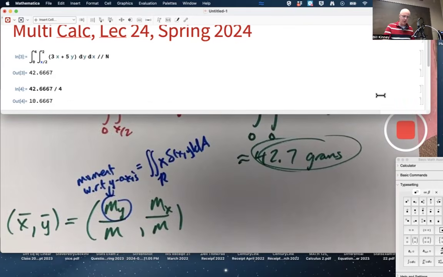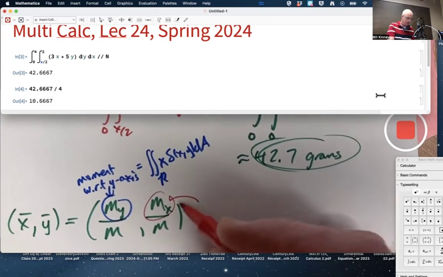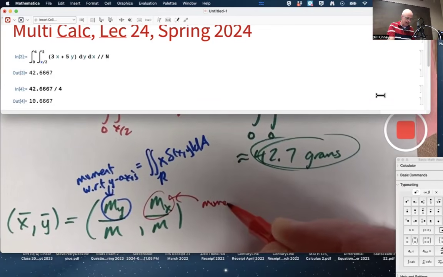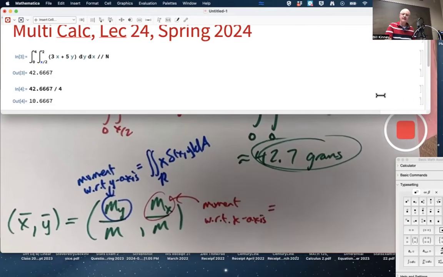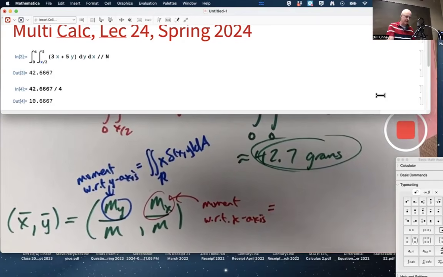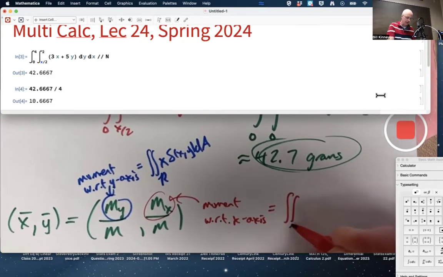The moment with respect to the x-axis is the numerator for the second coordinate, the y coordinate of the center of mass. The integral formula involves y times the density.